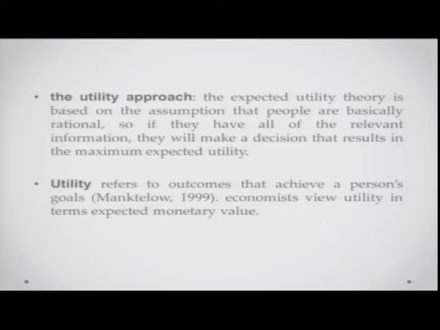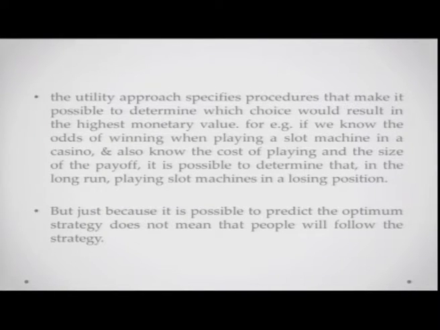In economics, utility is referred to as monetary value. So, if a decision involves money, people will make the decision that maximizes the monetary output as compared to losing money. The utility approach specifies procedures that make it possible to determine which choice would result in the highest monetary value.